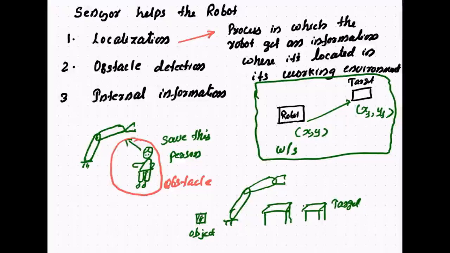So when the robot picks the object from its current location and places it on the target location, the obstacle needs to be avoided so that a collision between the robot and the obstacle can be avoided. For that particular purpose also, we use certain types of sensors.